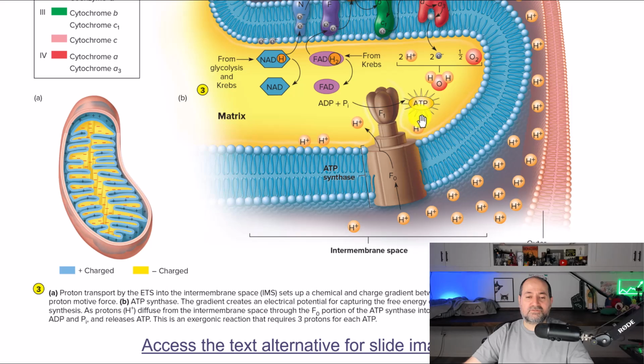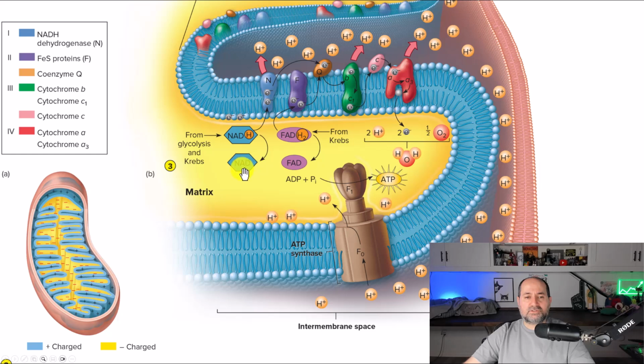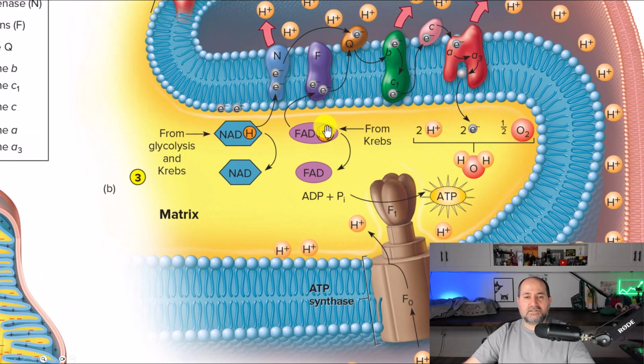So as I mentioned in that overview video of cellular respiration, the whole point of cellular respiration was to get those hydrogens, you see these hydrogens right here in orange, away from glucose.